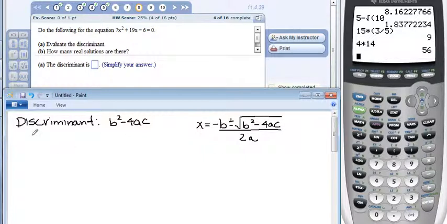So if my discriminant, which I'm going to call a d, is bigger than 0, it's just a regular number, whether it's the square root of 40, the square root of 9, the square root of anything that's a positive value, I get 2 real solutions every time.